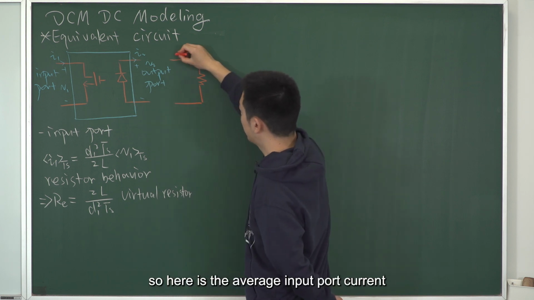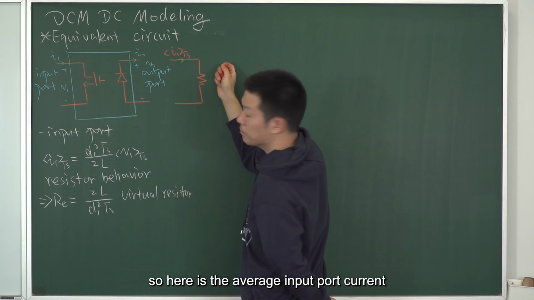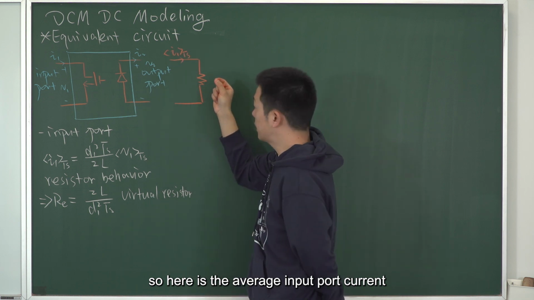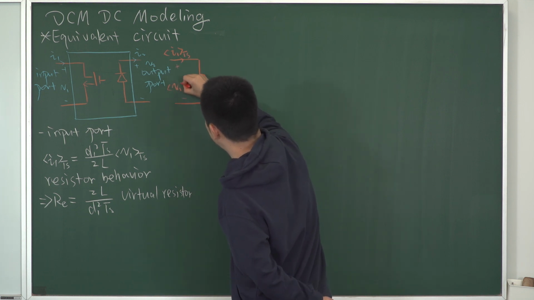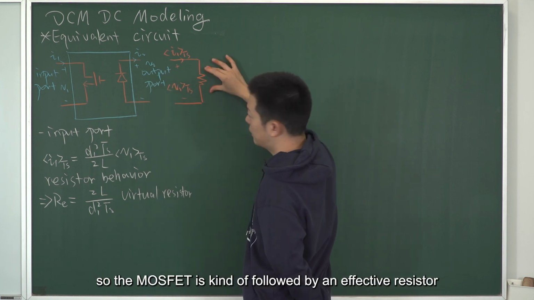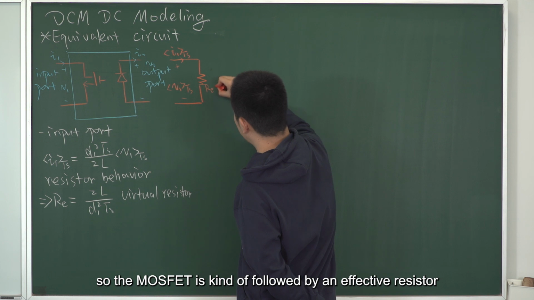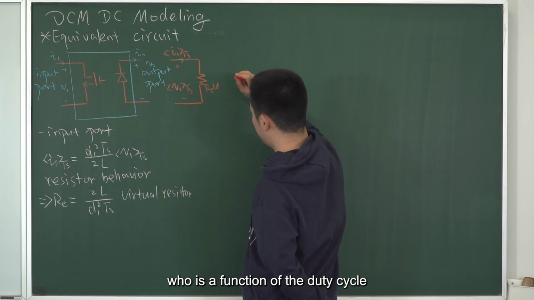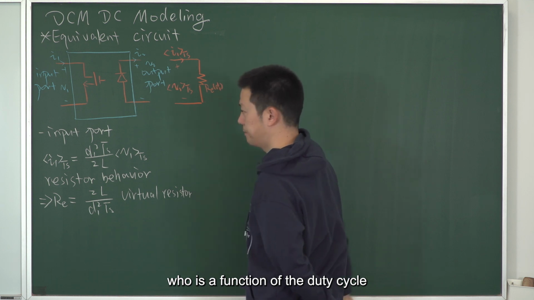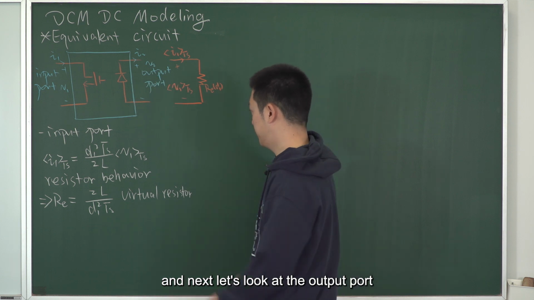So here is the average input port current, and here is the input port average voltage. So the MOSFET is kind of modeled by an effective resistor which is a function of the duty cycle. And next, let's look at the output port.